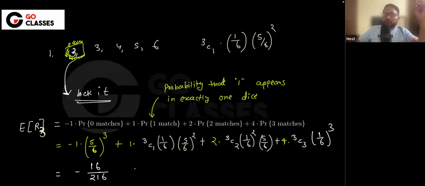Okay. So because of the symmetry, the expected amount that you will be winning or losing is nothing but this: you may choose one, then this is the probability and this is the expected amount.